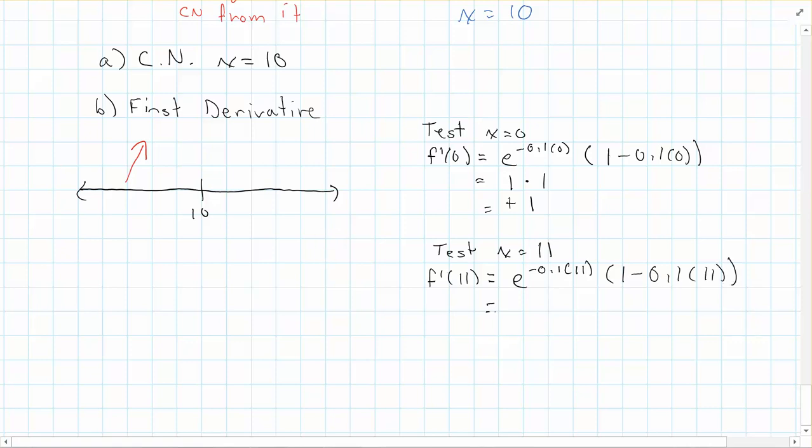So this is going to be e to the negative 1.1 times 1 minus 1.1. Now, I'll go ahead and write what this number is, but I claim you don't need to. You can actually figure out whether it's positive or negative, because an exponential is always going to be positive. It might be a small number, but it's always going to be positive. And then this one here is clearly negative.